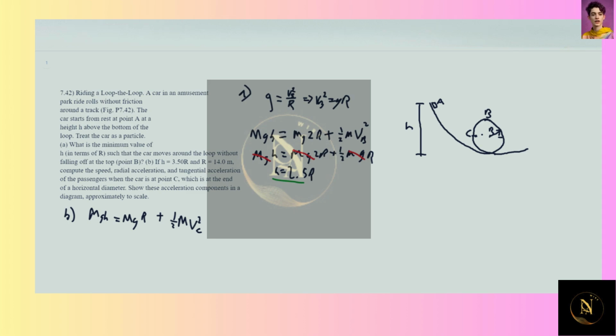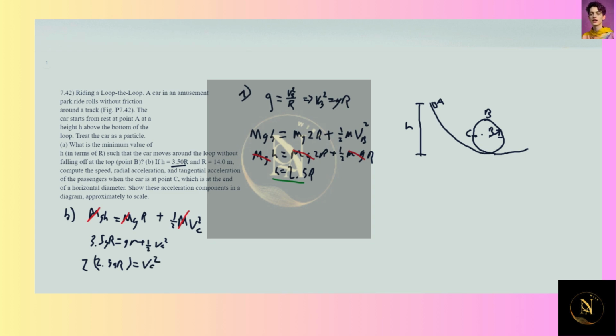I'll cross out m first, since it's the same mass in each of those terms. We were told h is 3.5R, so we have 3.5 gR equal to gR plus 1/2 v_C squared. Simplifying, we have 2.5 gR, and multiplying by 2 to get rid of the 1/2, that's equal to v_C squared.